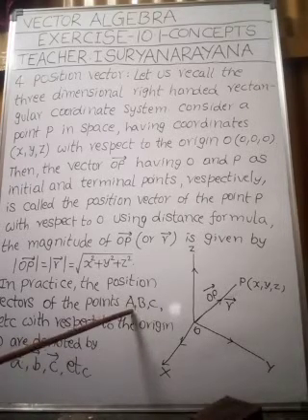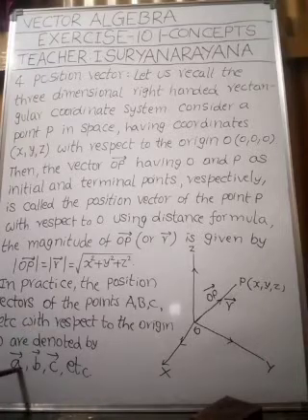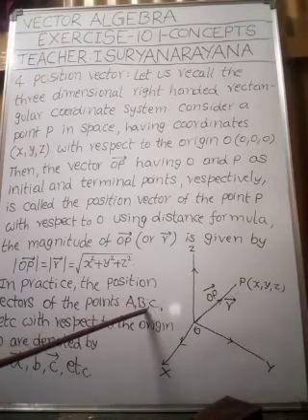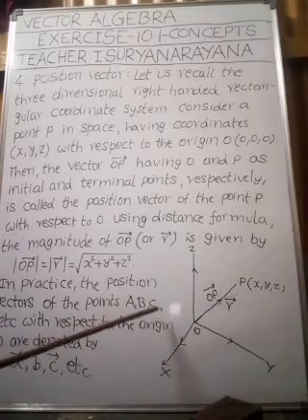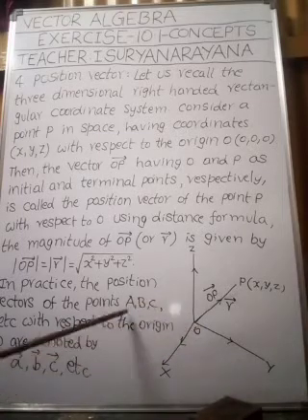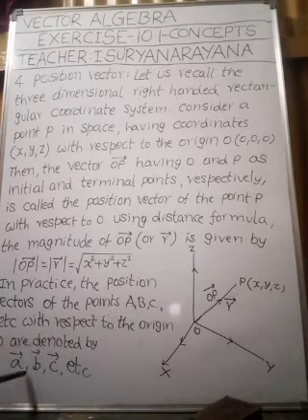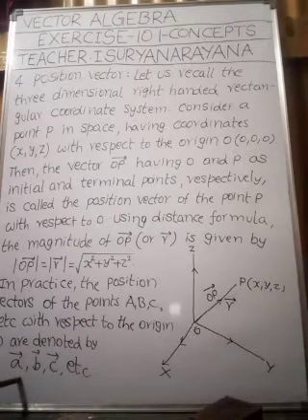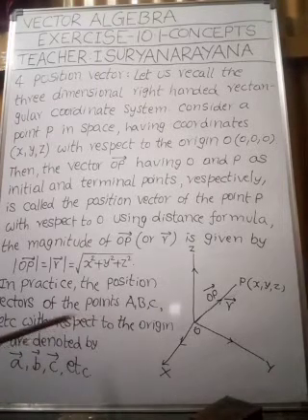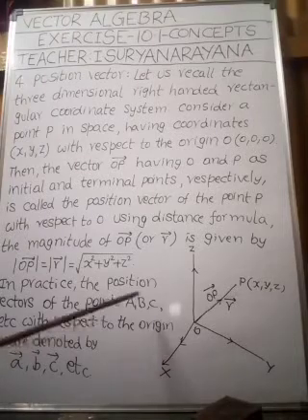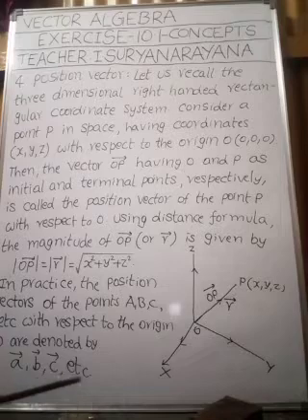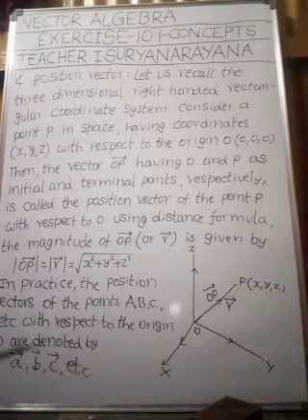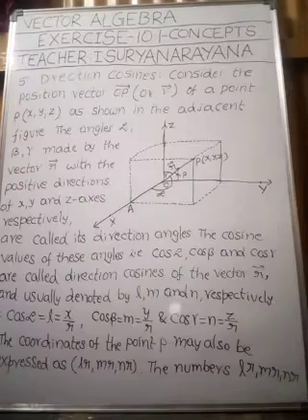If the initial point is O and the terminal point is A, then it is denoted by OA bar or A bar. Similarly, OB bar is denoted by B bar, OC bar is denoted by C bar, etc. Is this point clear? Right.